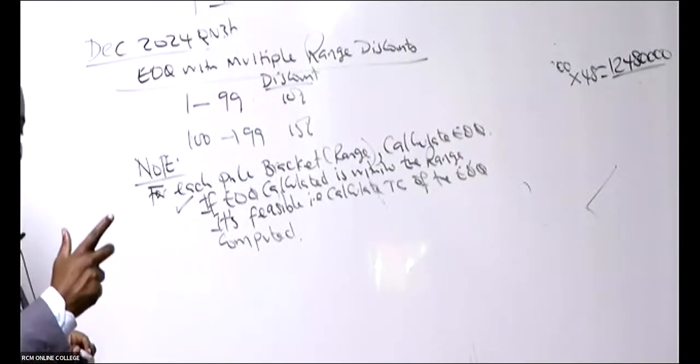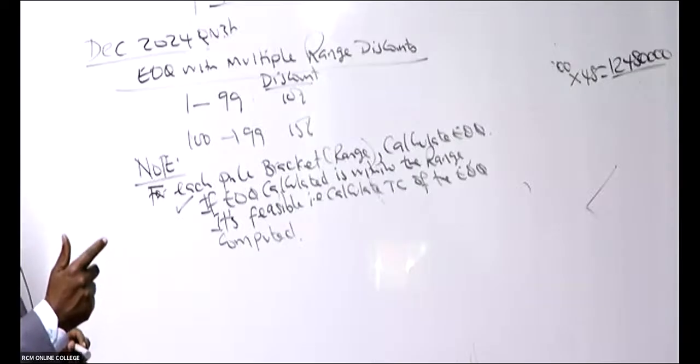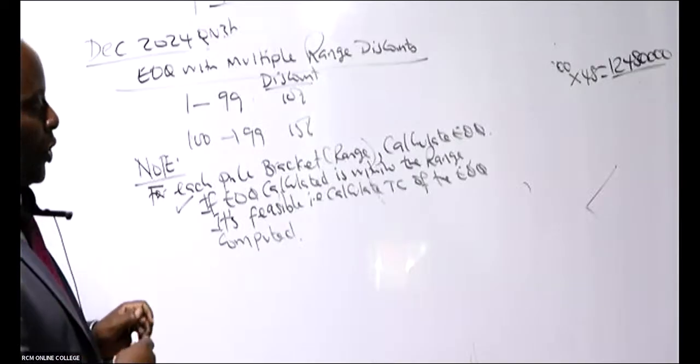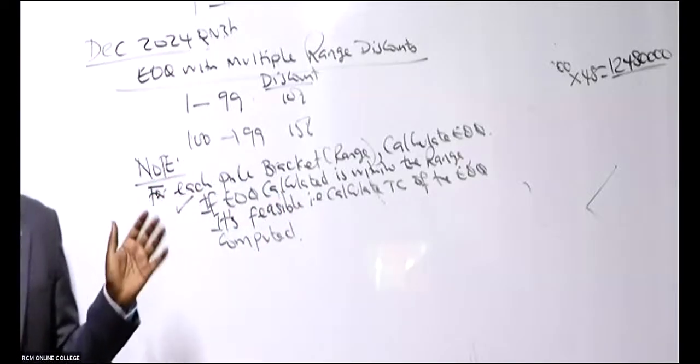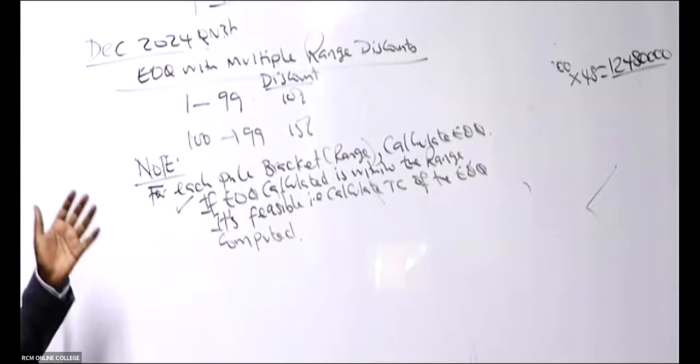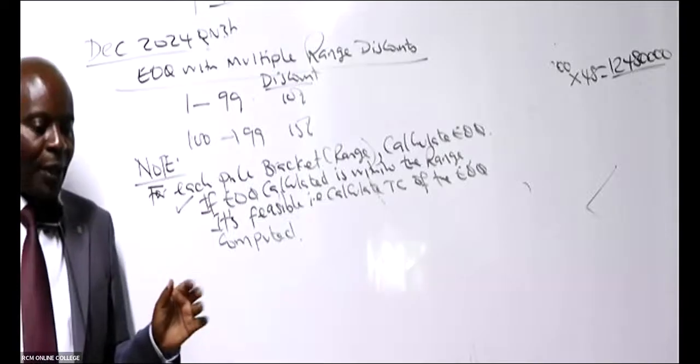Feasible means good, practical. That is, calculate the total cost of the EOQ computed. That is number one.